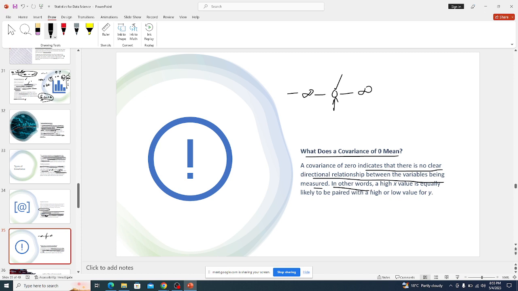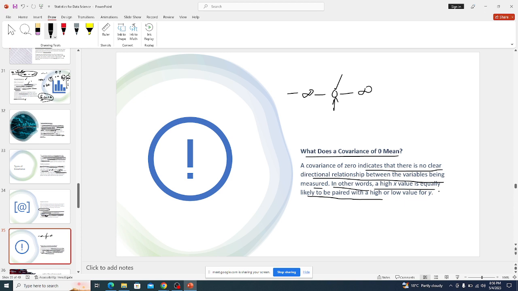In other words, an x value is equally likely to be paired with a high or low value for y. For example, a high value is equally likely to be paired with a high or low value. Why?